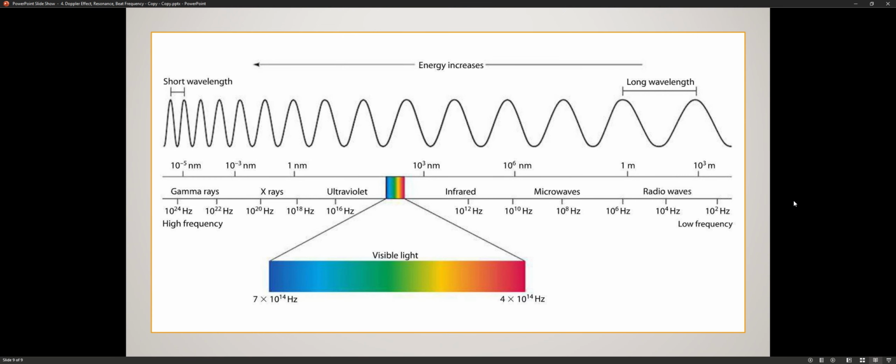So let's take a look at light waves. This is actually one of the ways we can tell whether a star or something is moving towards or away from the Earth: whether the color of the light is more red or more blue. Think about it. You have visible light from a star, and that star is moving away from you.